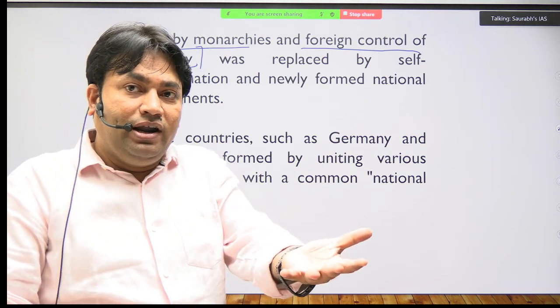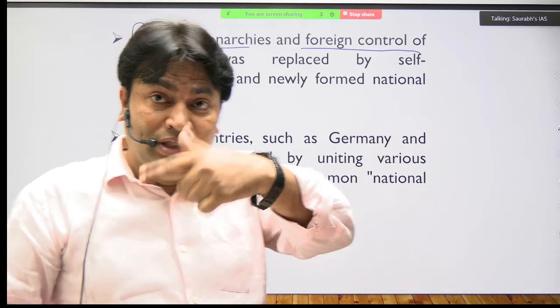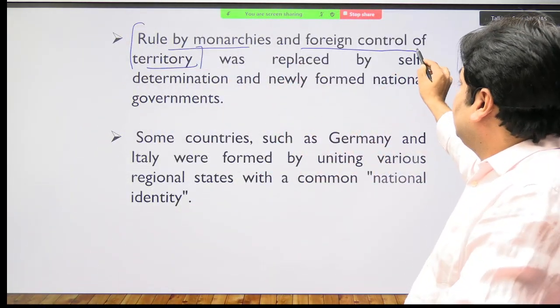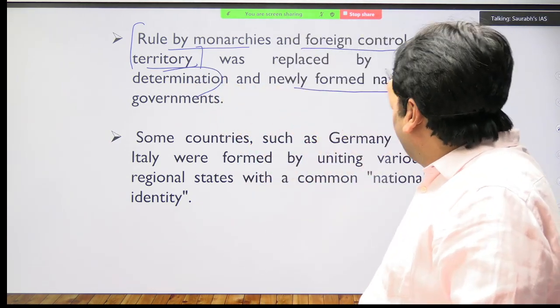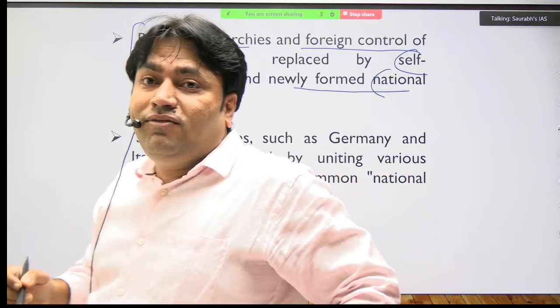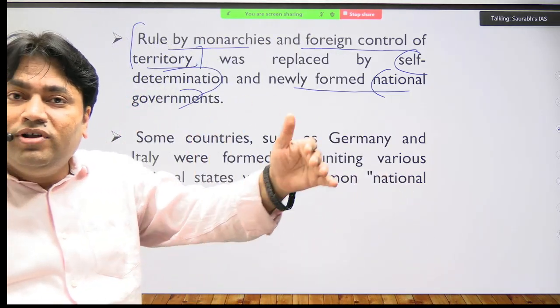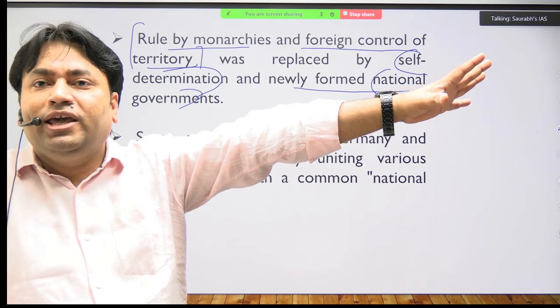Take the example of Italy. I have already discussed with you. Now it will be replaced by what? Self-determination and newly formed national governments. Self-determination, it means foreign rule will be uprooted. Italy में क्या होगा?